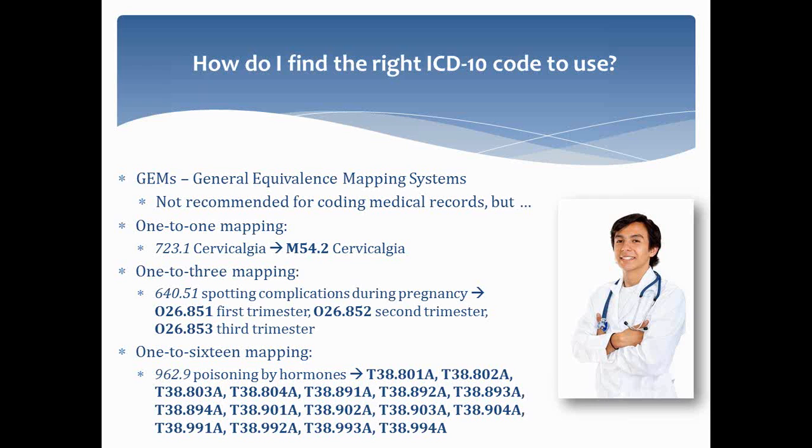So there are further examples. If you look at the bottom example on your screen, 962.9 is poisoning by hormones. If you plug that into GEMS, GEMS tells us there are 16 possibilities in ICD-10. And so it's not as simple as the software replacing the old code with a new one. You're going to have to go and look at all 16 of these codes and figure out which one might apply. But this isn't the end of your troubles. It gets a little worse.